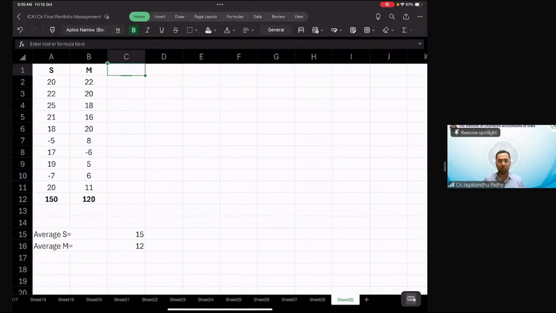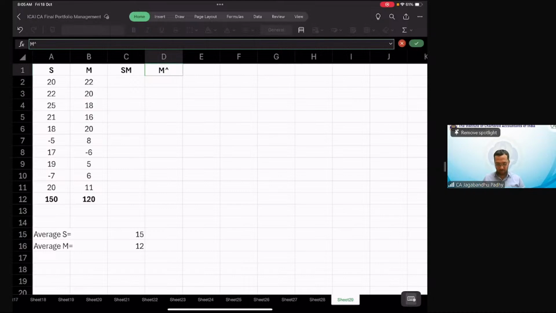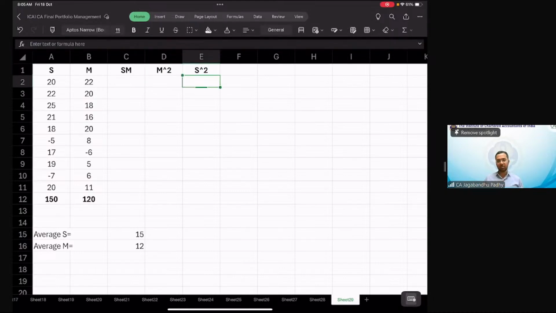Okay, now to form the regression line, what we need is certain columns. So we need to have the columns of SM, M square, and we'll also have the column of S square because we need the variance of security also, and of course variance of market.